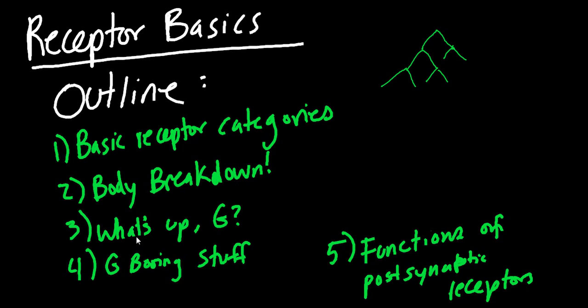And then we'll talk about what G receptors are and the different types of them, and that's where it kind of gets boring. But then we finish up with the functions of the postsynaptic receptors. That should be okay too. This is gonna go well. So let's just go ahead and dive in here.